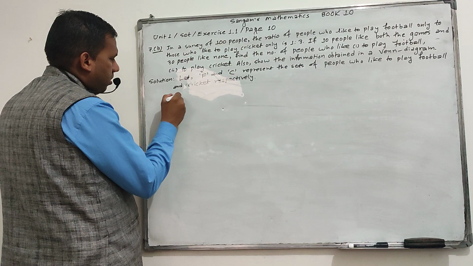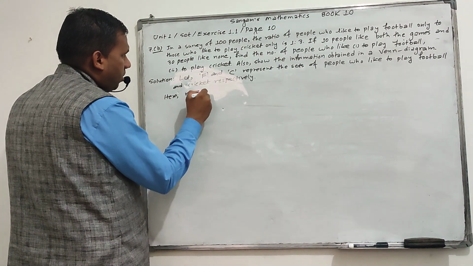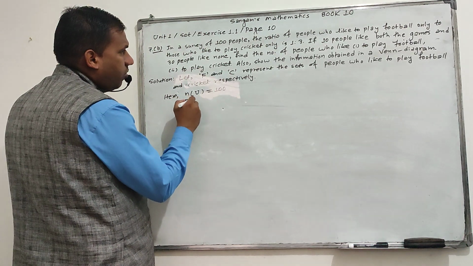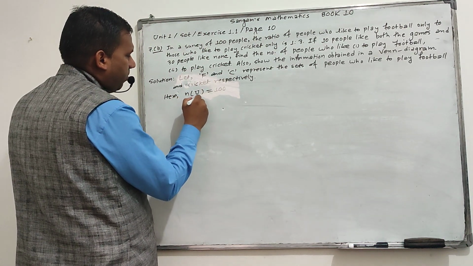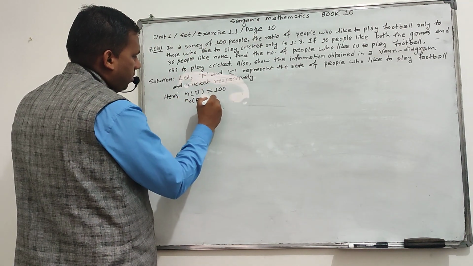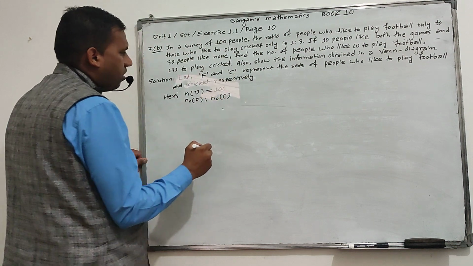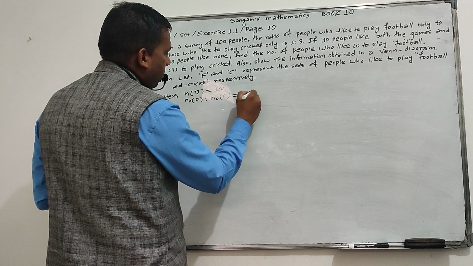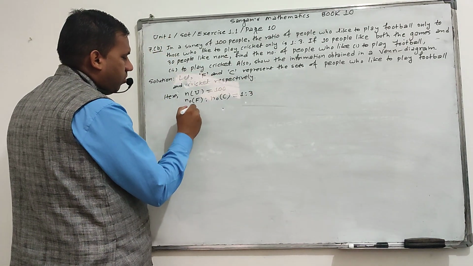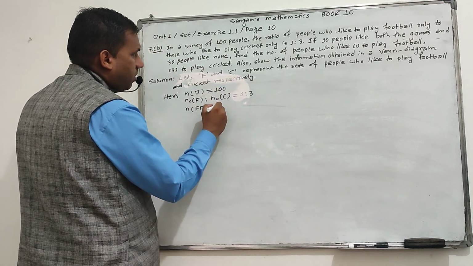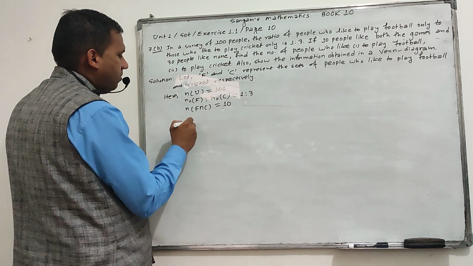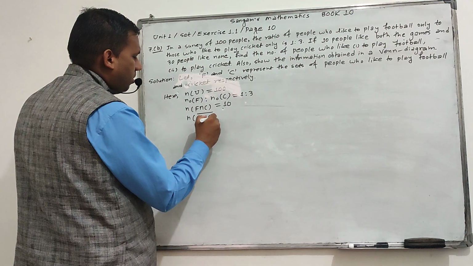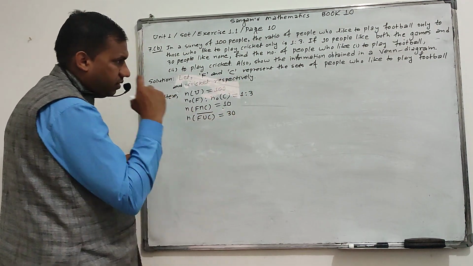Here number of U equal to 100. Number of only football is 1, number of only cricket is 2, n naught F is to n naught C equal to 1:3. Number of F intersection C equal to 10. Number of F union C whole complement equal to 30.